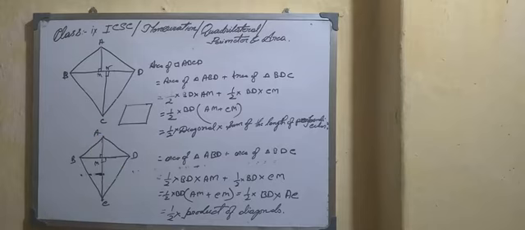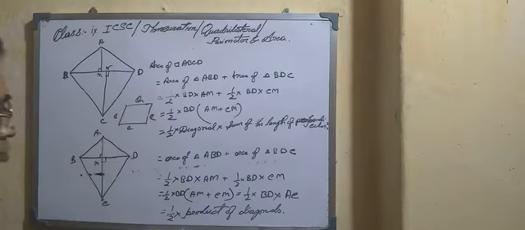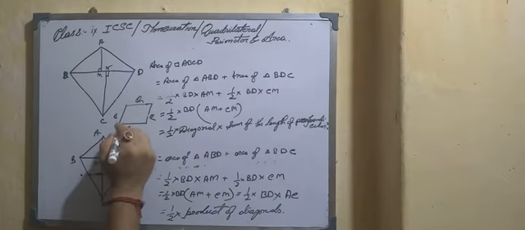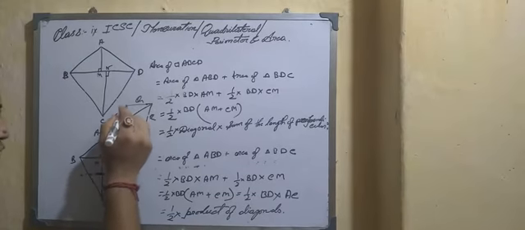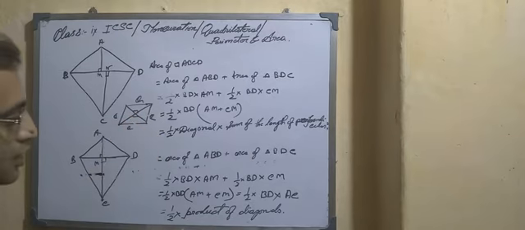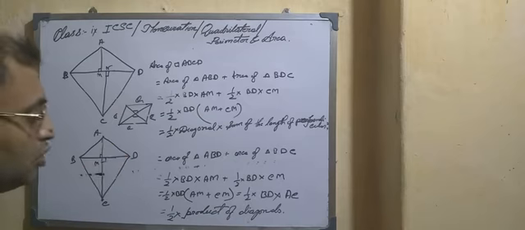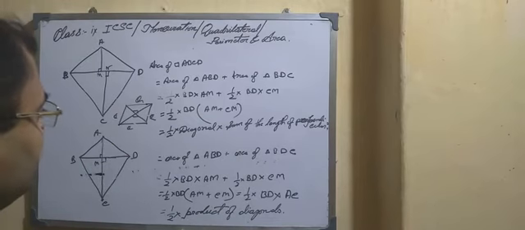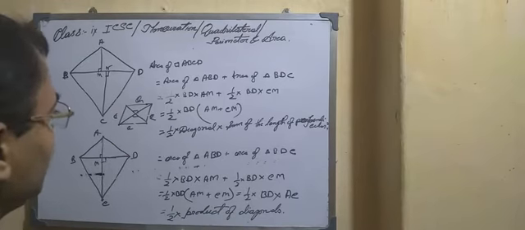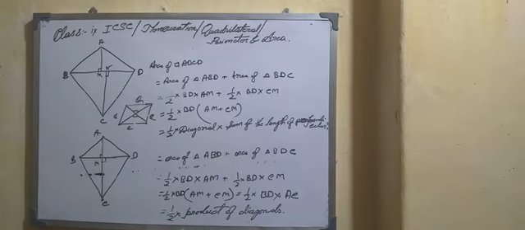This is a rhombus: when each side is equal, it is called a rhombus. In a rhombus the diagonals intersect each other perpendicularly, and they also bisect each other.